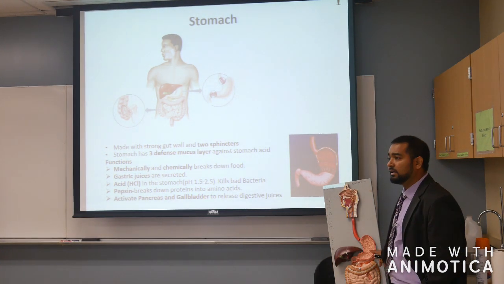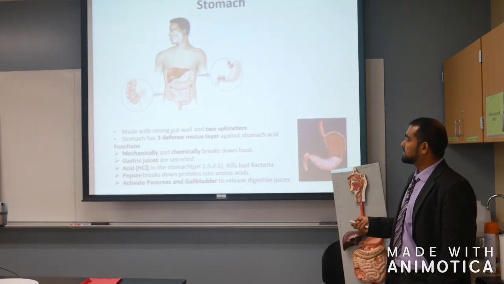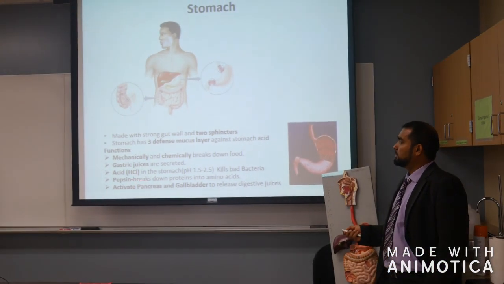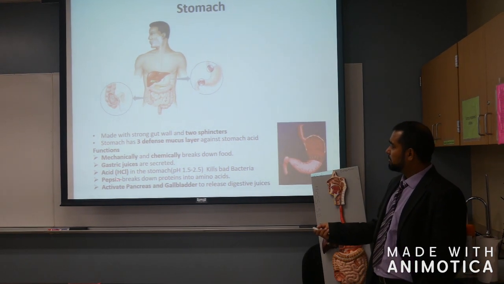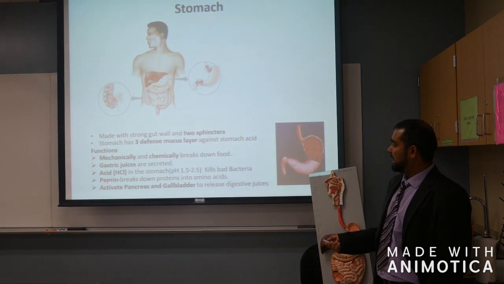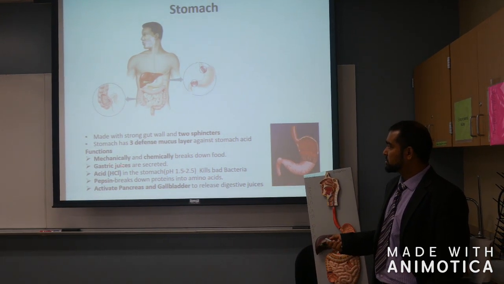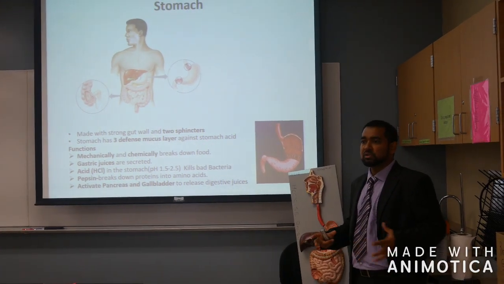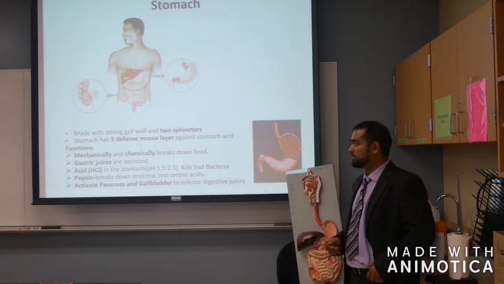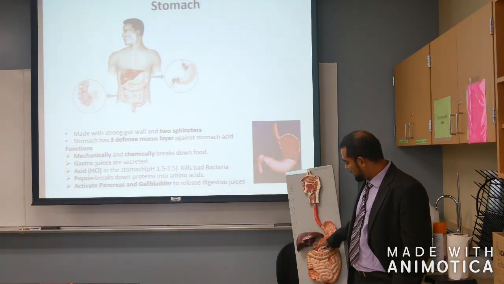It also has pepsin to digest the protein molecules into amino acids. So pepsin digests protein into amino acids and the very highly acidic juice kills the germs, forming the gastric juice. It also contracts mechanically to break down the food, and it also activates the gallbladder and pancreas.